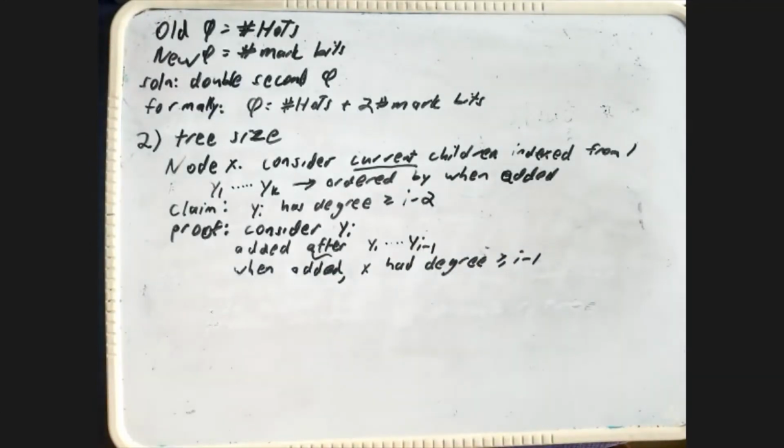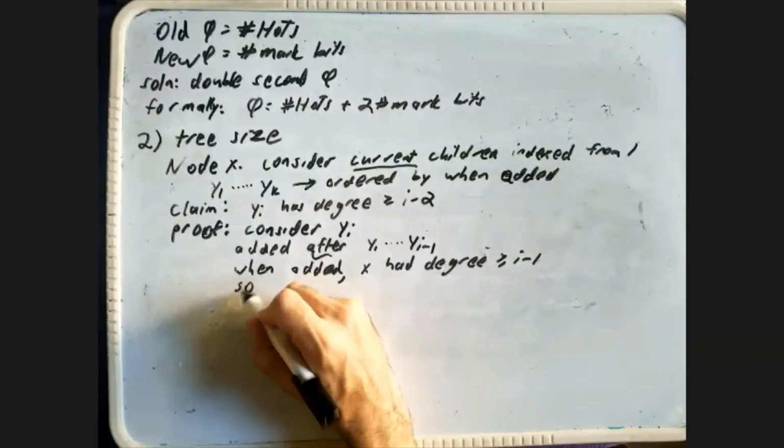It might have been larger, right? Why might it have been larger? It may have a child that it hasn't lost yet. Yeah, there may be some cuts in its future that remove nodes that were added before this one. But the degree was at least i minus 1.